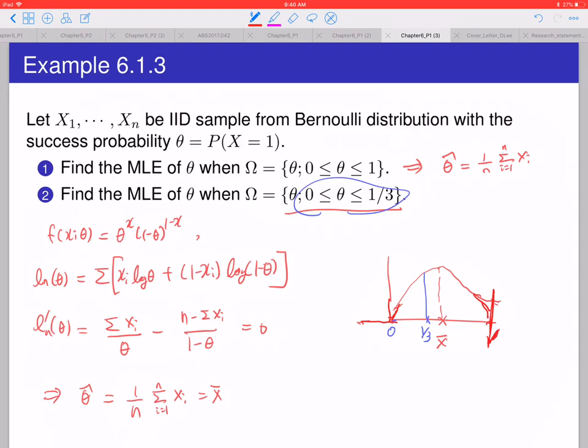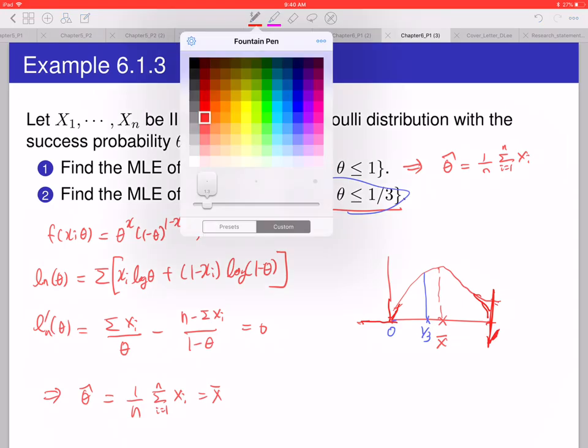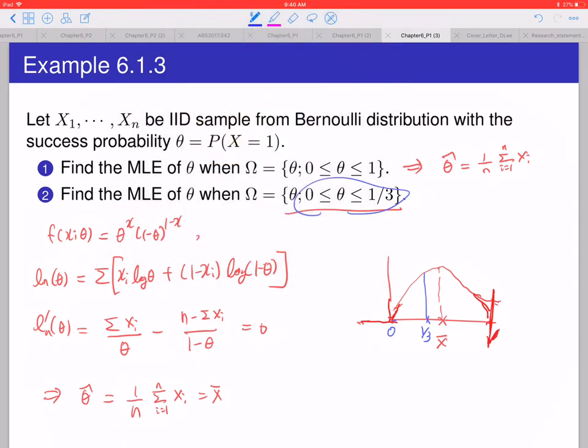In this case, the maximum is achieved here, or you can have 1 over 3. It really depends on where x bar is. Sorry, I better remove this.